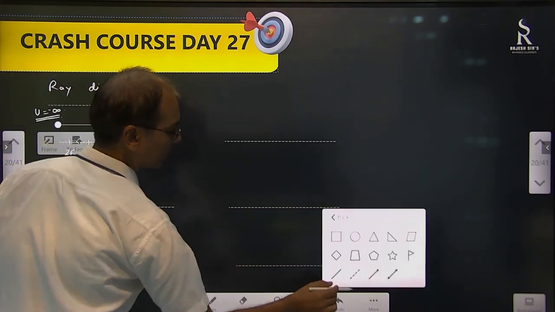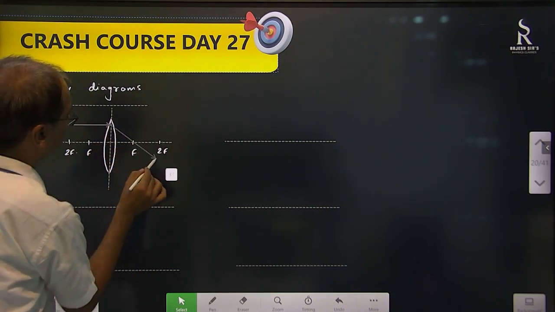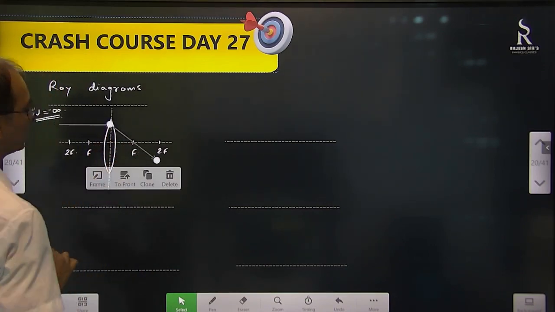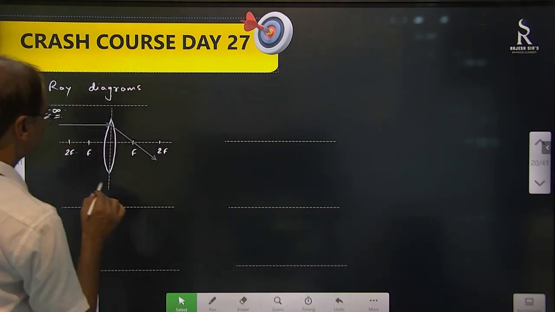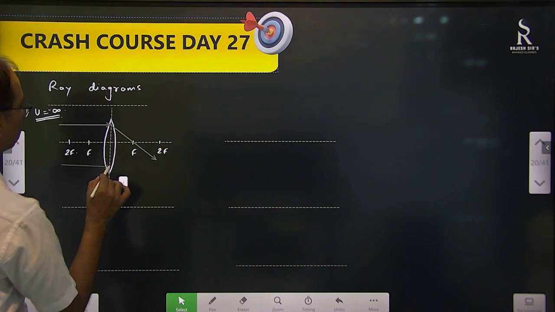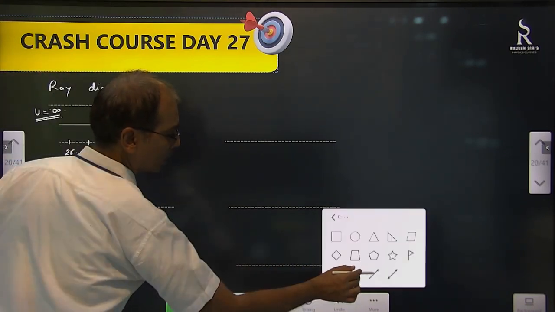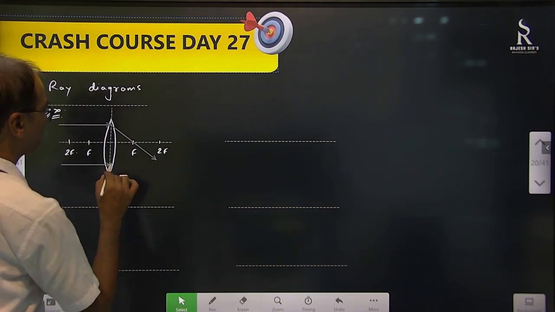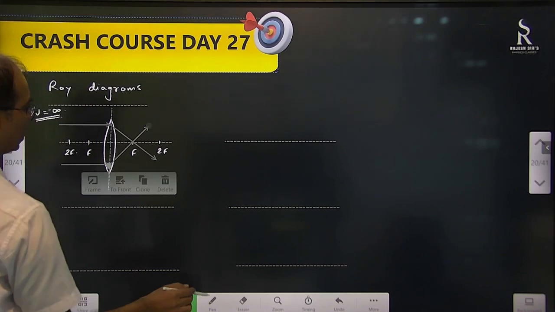Then it must pass through the focus. Same way we make one more, and it must pass through the focus obviously. So this is the first case.